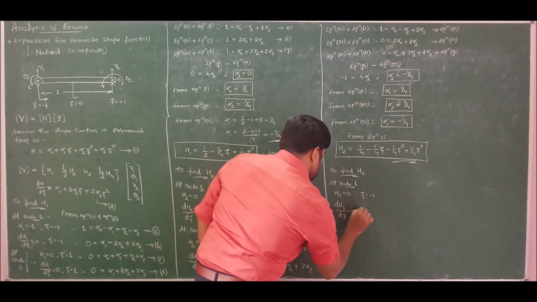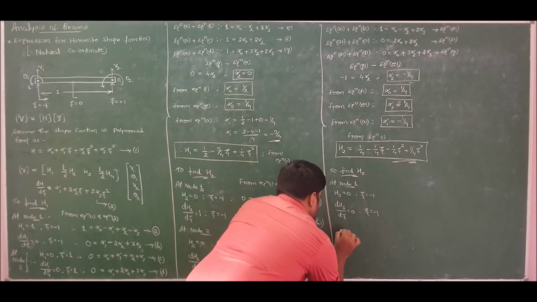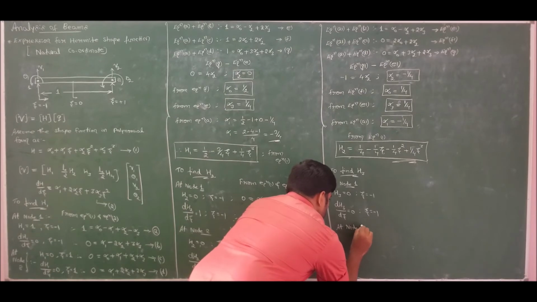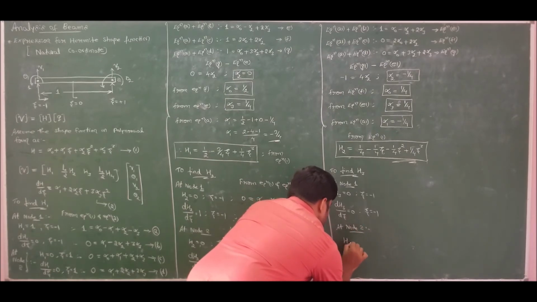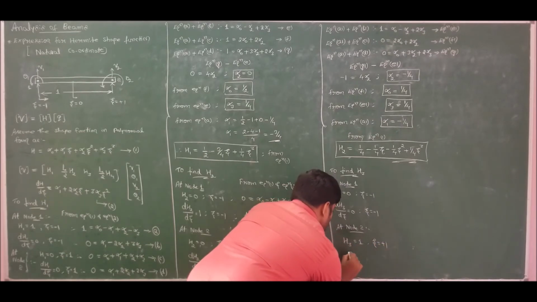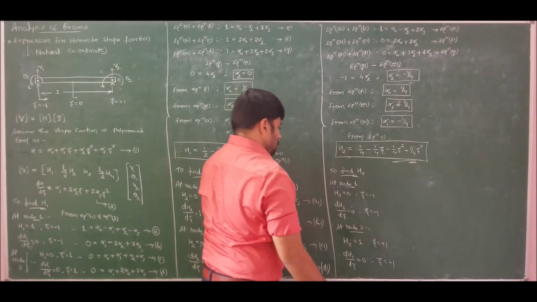Coming for h3 at node 2. So at node 2, h3 is 1, whereas zeta is plus 1, its derivative is 0. So dh3 by d zeta is 0, whereas zeta is plus 1.